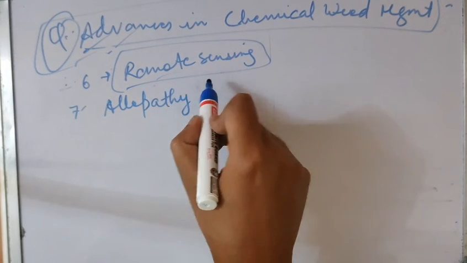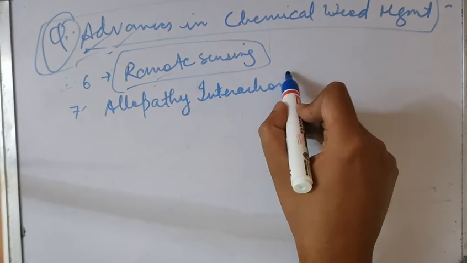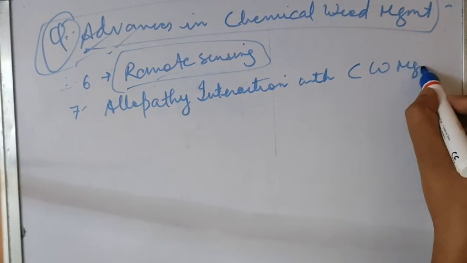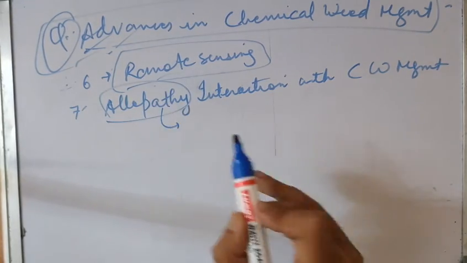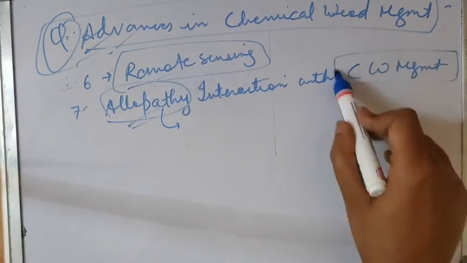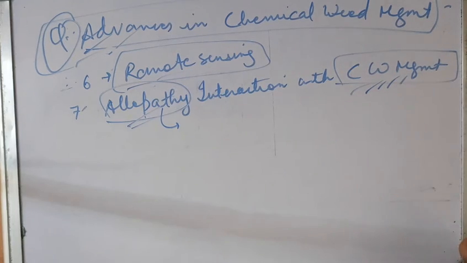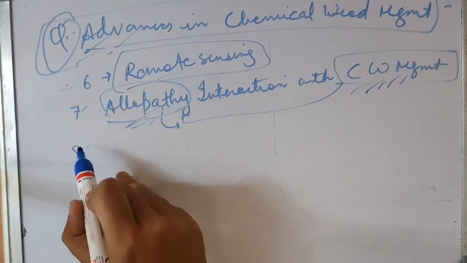Studying hardly on allelopathy interaction with chemical weed management. Allelopathy is interaction between plants, when plants release certain types of chemicals which affect other plants. So allelopathy is now being used in chemical weed management. We are researching whether the chemicals developed by crops can kill the weeds. So research on allelopathy.